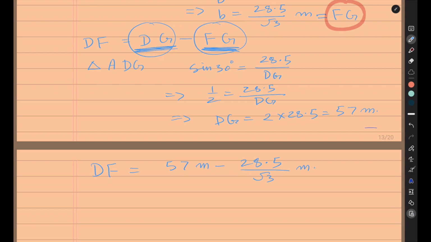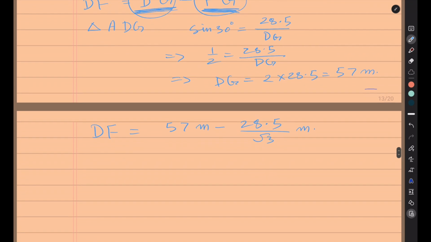You can simplify this in many ways, but this will also be the answer. You can either calculate that in decimal, or you can take something common so that it looks a little better: 28.5 times (2 minus 1 upon root 3). This will also be the answer. All these forms could be the answer, and you can also derive the answer in decimal.